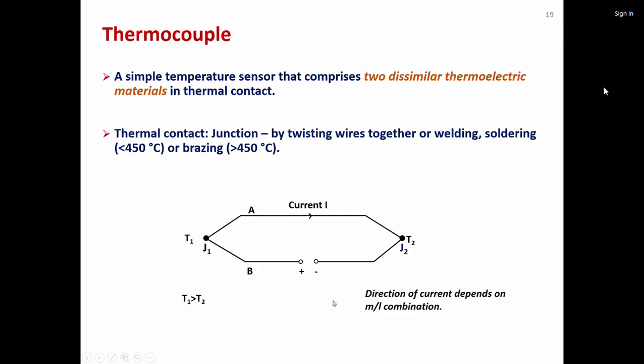This is typically the circuit representation of a thermocouple. So you have one metal wire here, material A, and the second metal wire B. And you basically join the ends of these two materials. Let's say you solder and you create a junction here. And then the other end, you solder here and create the second junction.